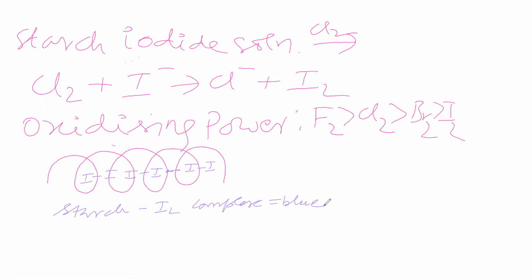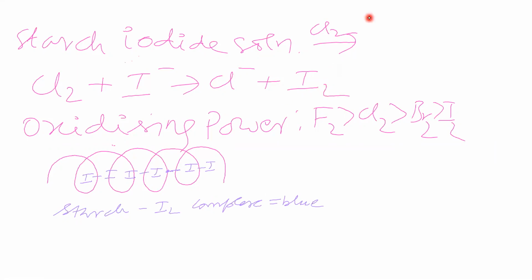So in this test, we can take starch iodide solution, or otherwise starch iodide paper. Cl2 is passed into the starch iodide solution. Cl2 is undergoing reduction, I minus is undergoing oxidation.